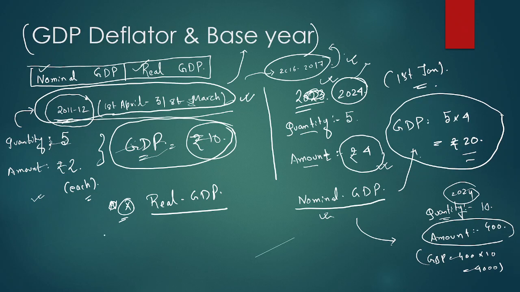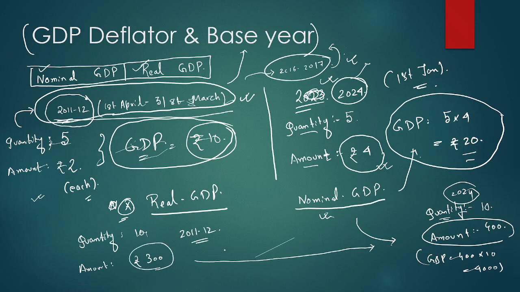Fine. Now if I say that the quantity is 10 but the price of each shirt is rupees 300 in 2011-12, the shirt whose price is 400 now, we were getting for 300 rupees in 2011-12. So what is the GDP? 3000.